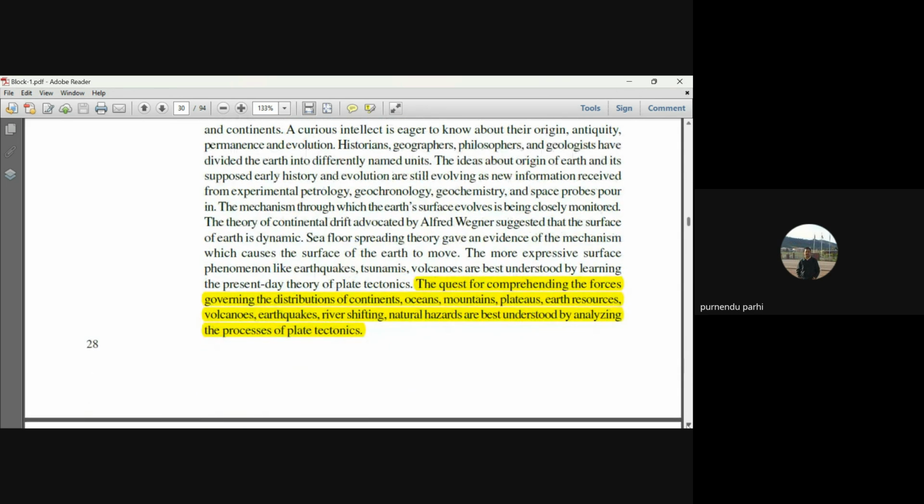The quest for comprehending the forces governing the distribution of continents, oceans, mountains, plateaus, earth resources, volcanoes, earthquakes, river shifting, and natural hazards are best understood by analyzing the process of plate tectonics.